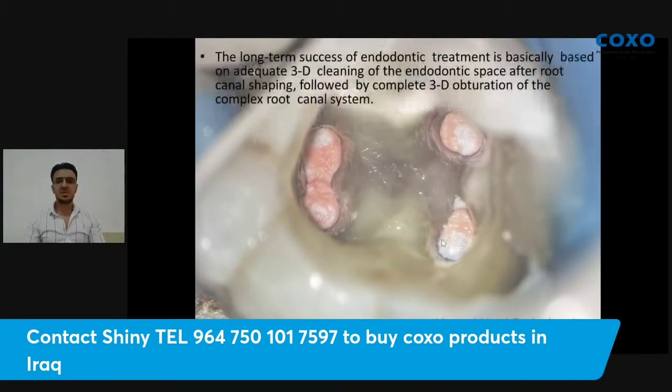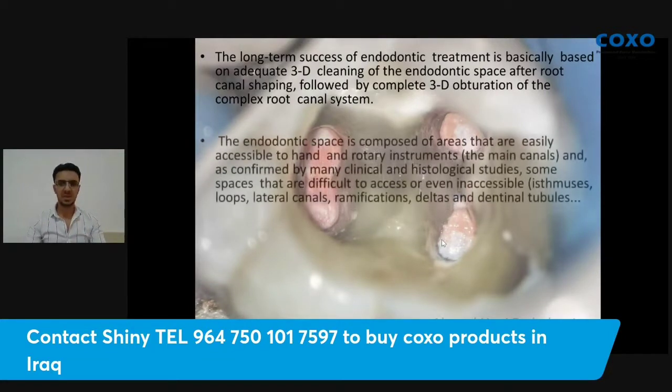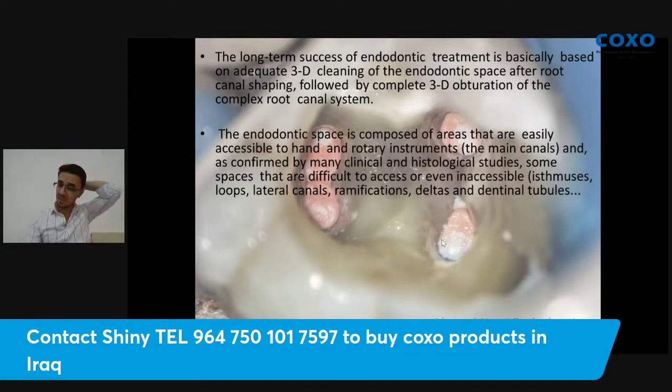At first, I will talk for two slides before we reach the steps of obturation. The long-term success of endodontic treatment basically depends on adequate 3D cleaning of endodontic spaces after canal shaping, followed by a 3D obturation of the complex root canal. The endodontic space is composed of areas that the files cannot reach, such as isthmuses, laterals, ramifications, deltas, dentinal tubules.